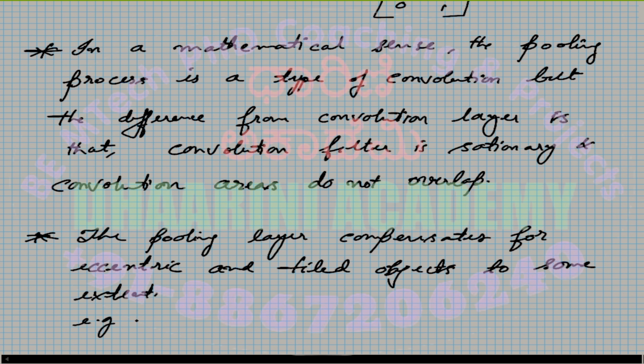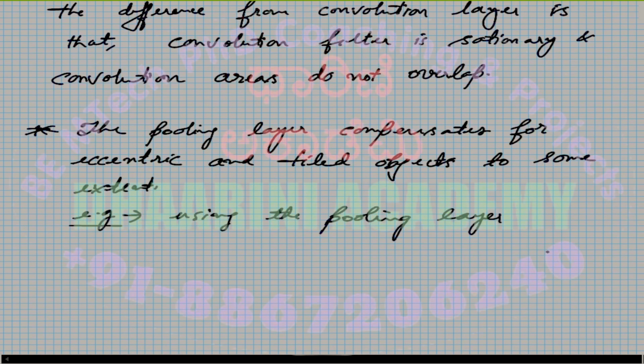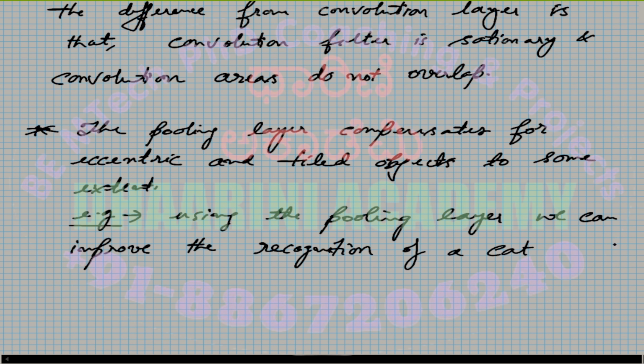For example, by using the pooling layer, we can improve the recognition of, say, a cat in the image which is not at the center, which is off center in a given image.